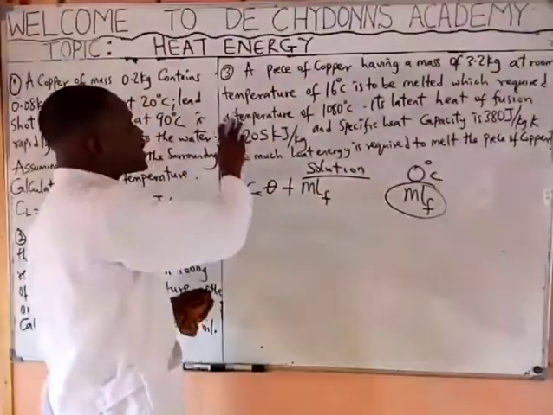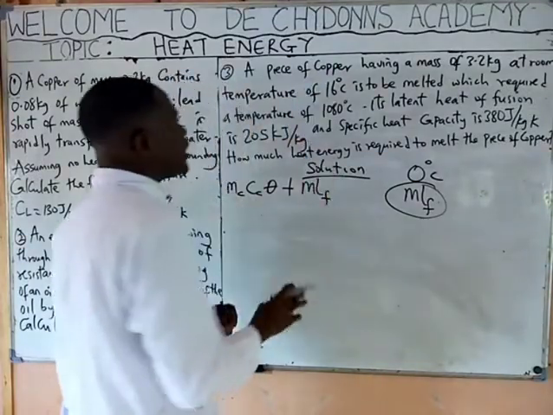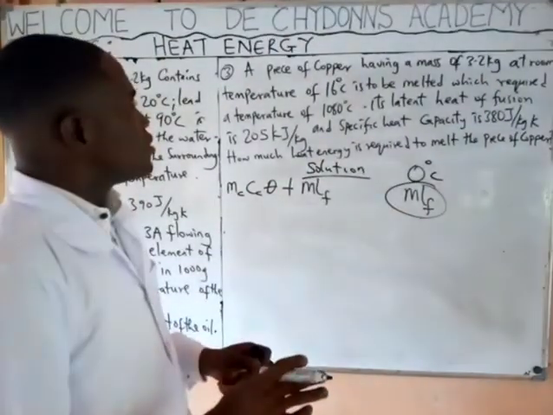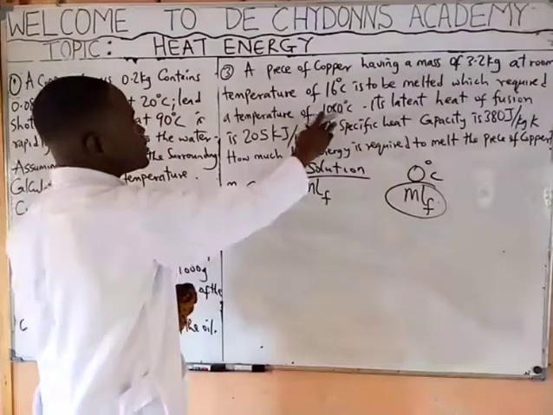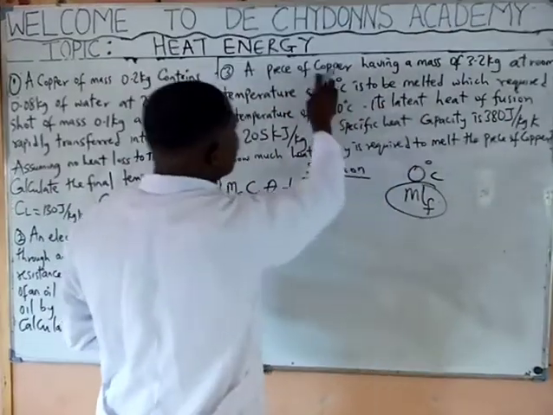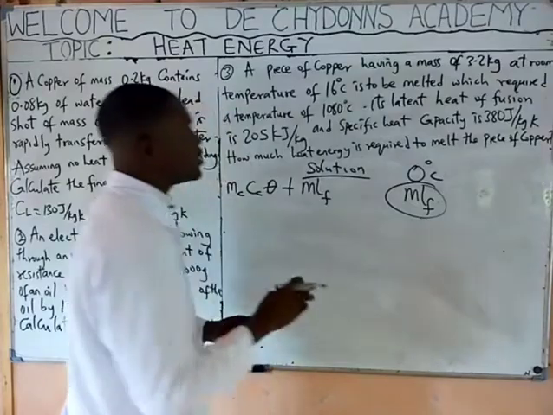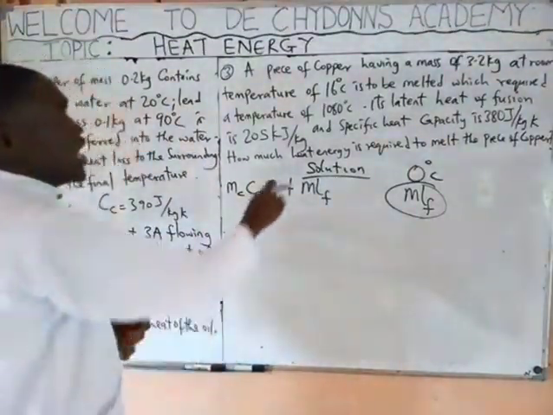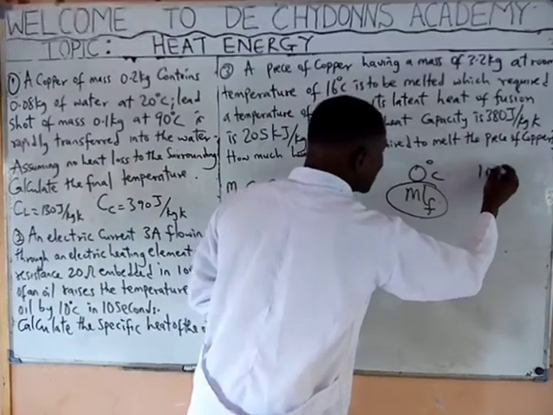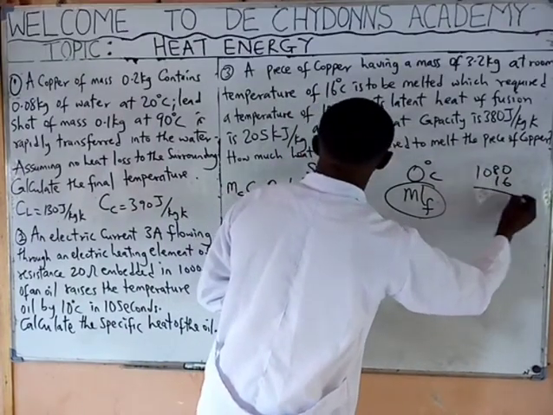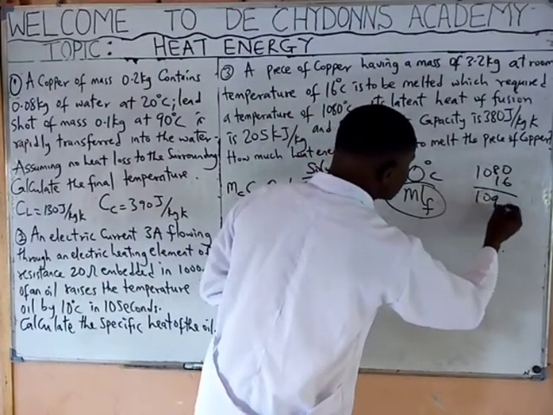Now, the temperature required to melt the copper is 1080. The implication is that 1080 plus 16 will give you 1096.